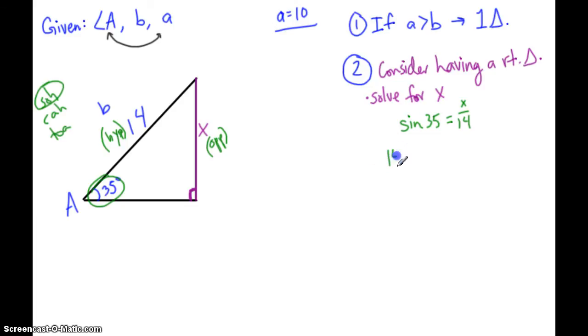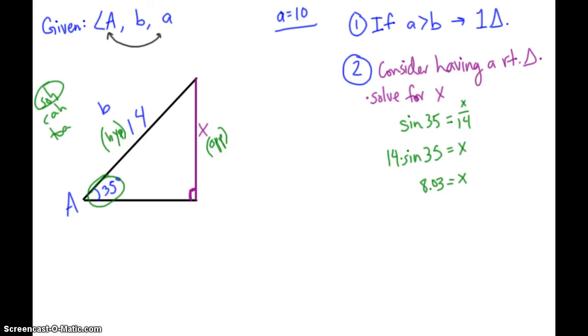Remember, we solve for X first on paper before we use our calculators. Then I would plug into my calculator 14 times sine 35, and I get that X is 8.03, and then it goes on 00 something or other, so 8.03 is good enough. Matter of fact, in this case, you could probably just call it 8. So I have my length of X. If this is a right triangle, then this length would have to be 8. Okay? But that's what I need to know: is it a right triangle or not?